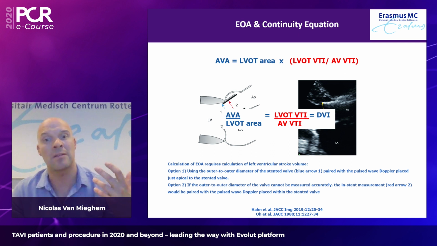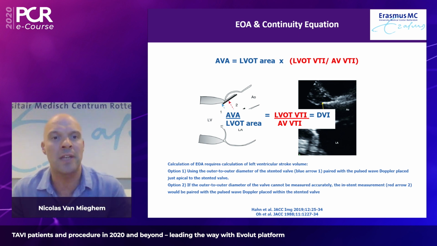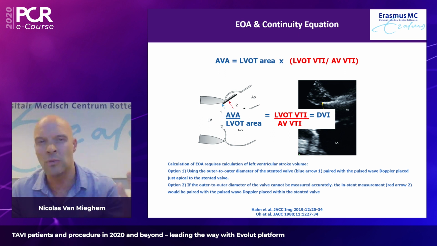And this means that, for instance, what we all know, if the Doppler velocity index is 0.25, that means that the aortic valve area is a quarter of the LVOT area. So what is a typical LVOT area? If you have a radius of 1 centimeter or an LVOT diameter of 2 centimeters, then more or less your LVOT area will be 3 centimeters square, or 3.2 centimeters square.